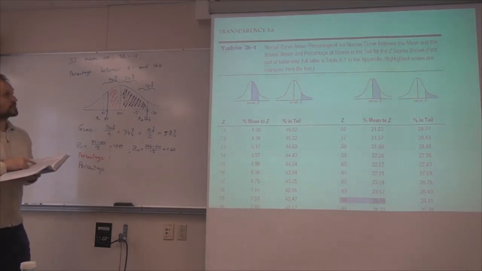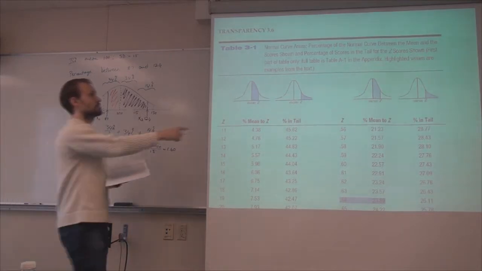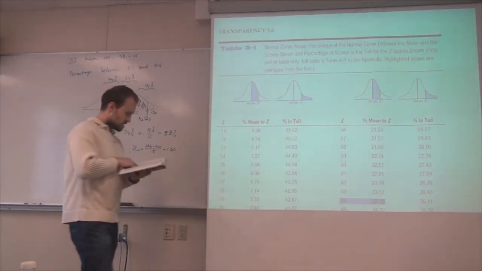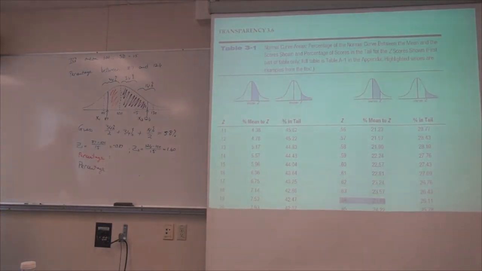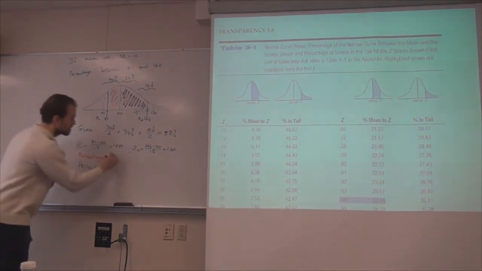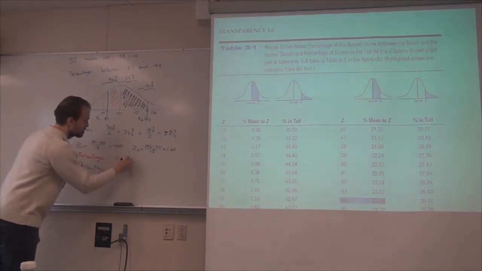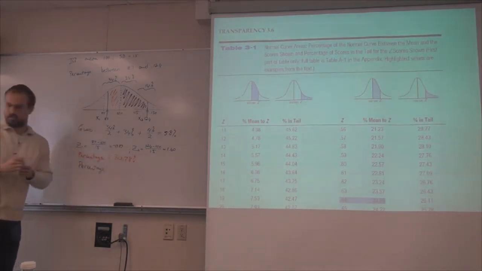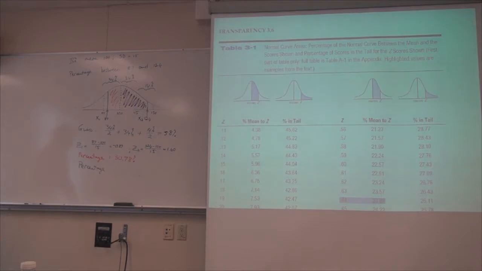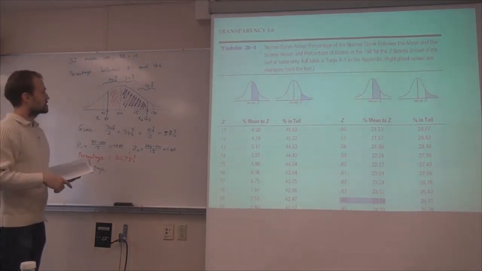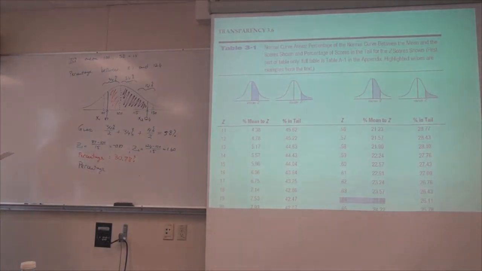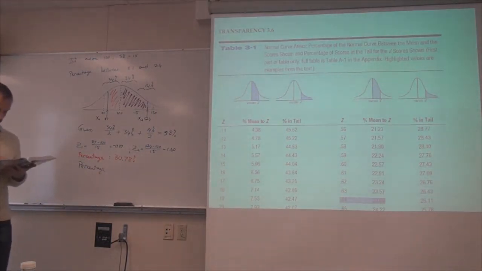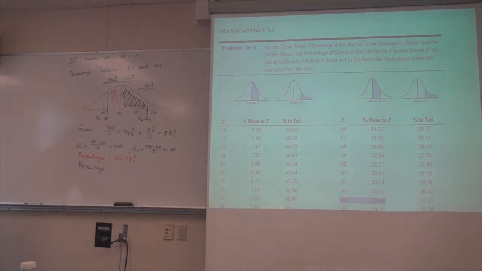I'm looking at the middle column, the percentage mean to z. 0.87, 30.78. All right. Then for the purple one, I'm going to use 1.6, which is on page 675, 1.6, 4452.